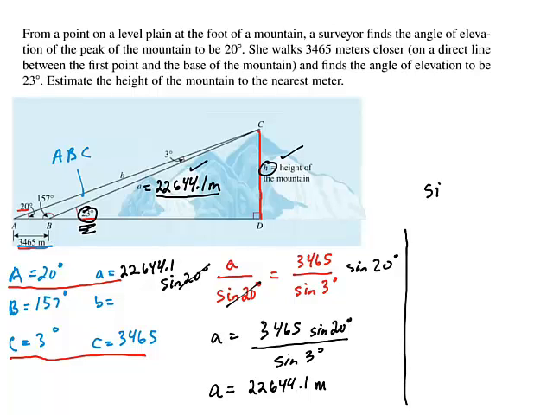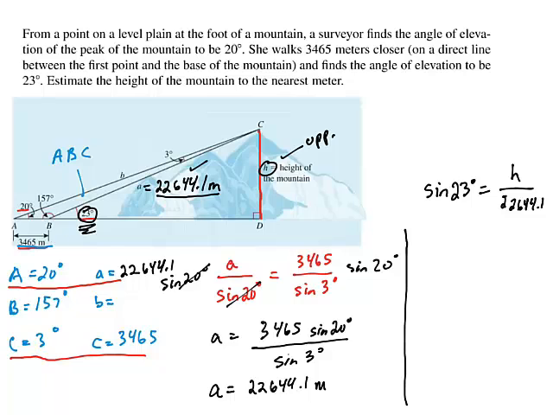We'll use sine of 23 degrees is equal to the opposite, which is the height, divided by the hypotenuse, 22,644.1.